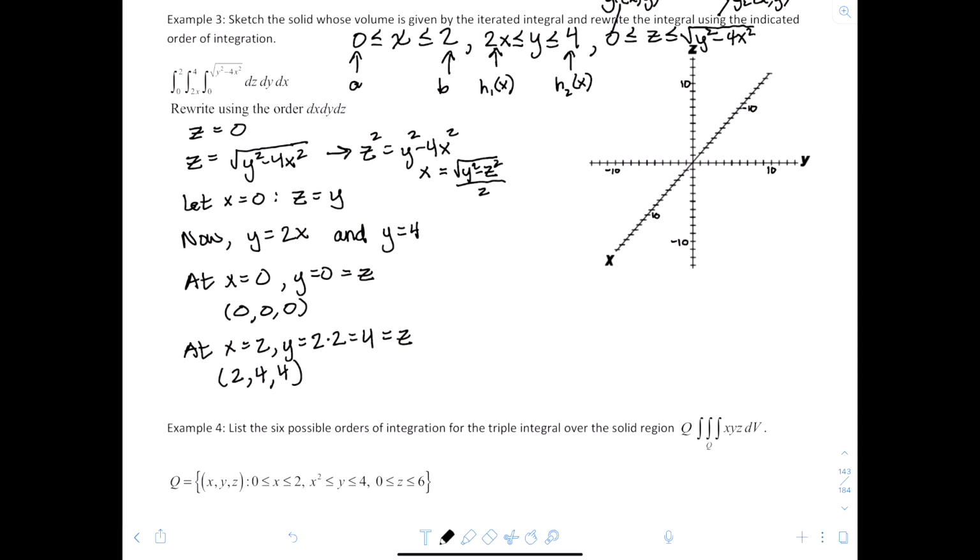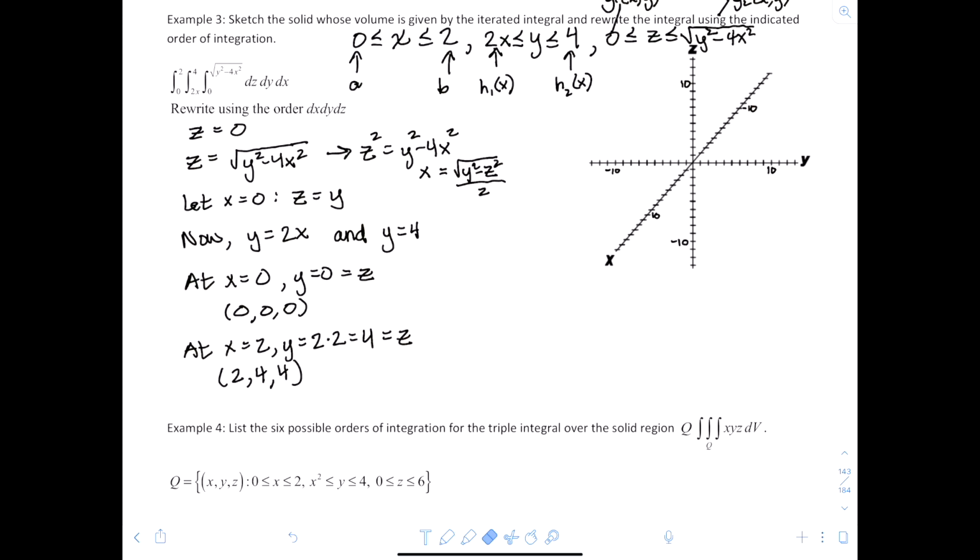Okay, so here we go. I think we have enough information to do our thing here. So we have y equals 2x. And remember, we found a couple ordered triples as well, right? And so we also know that z equals 0. We've got a floor there.